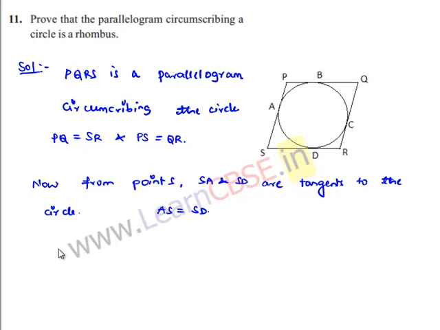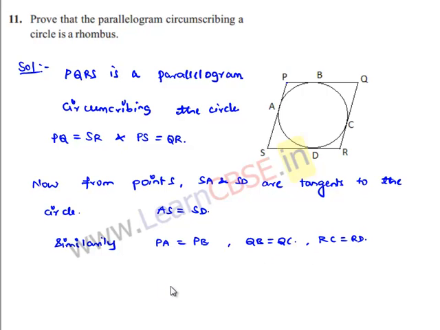Similarly, if we consider the other points P, Q and R, the lengths of tangents from them to the circle will be equal, that is PA will be equal to PB, tangents from the point P, and QB will be equal to QC, tangents to the circle from point Q, and RC is equal to RD, tangents to the circle from point R.